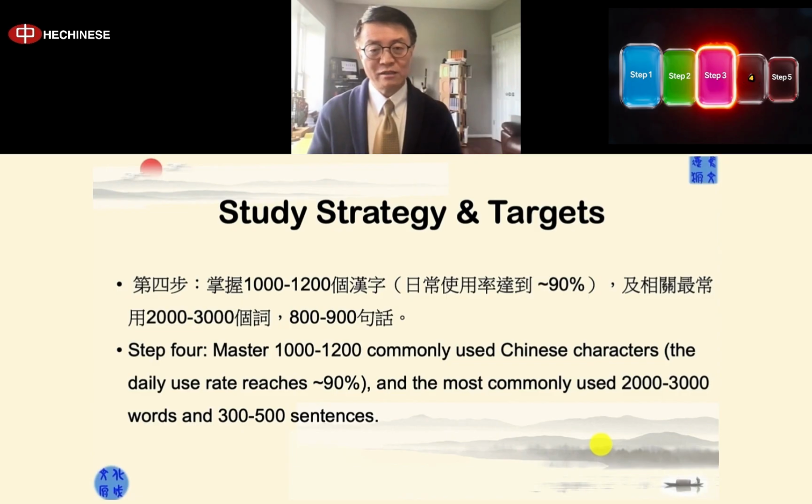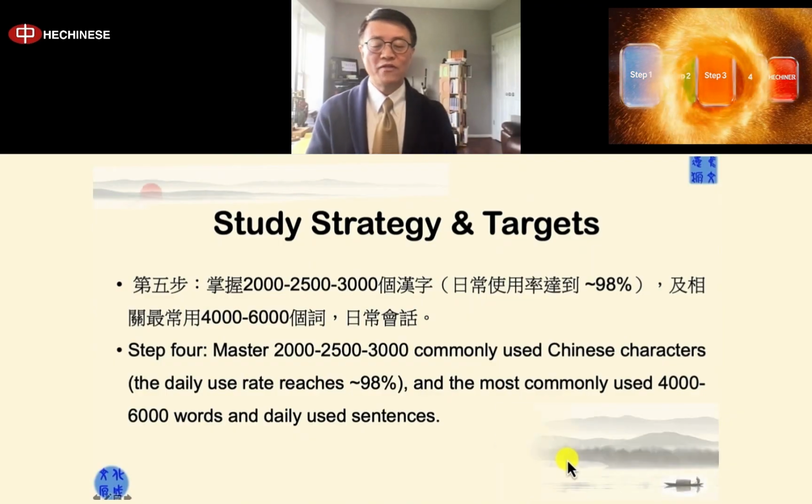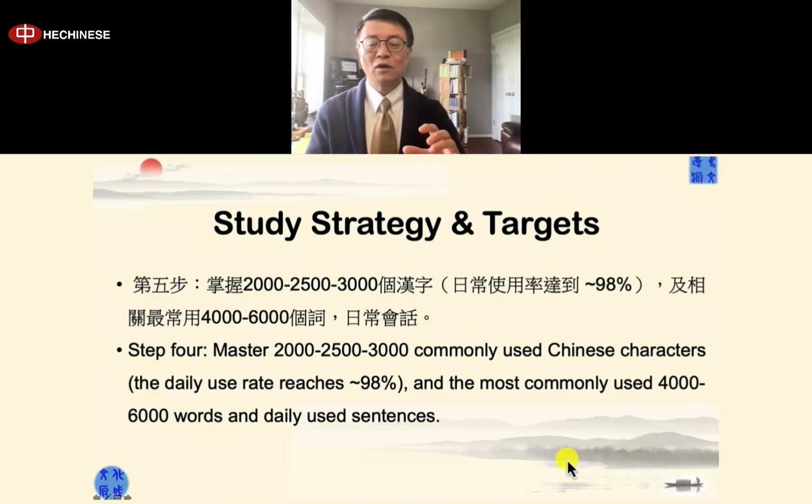If you can manage writing at the same time, you can write almost everything now, even though it's not perfect. Now, the last step is to move to 1000 to 2000 or 2500 or even 3000 most commonly used Chinese characters. Now the daily usage is around 98% or higher.